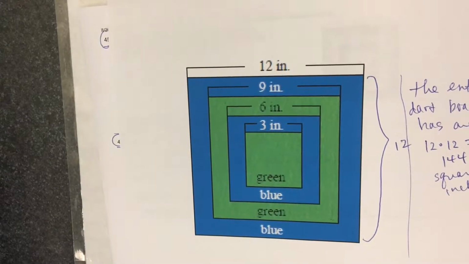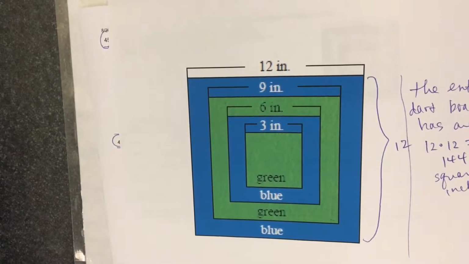So that's going to be the denominator. And then I have to find the numerator. So the numerator will be the green area.